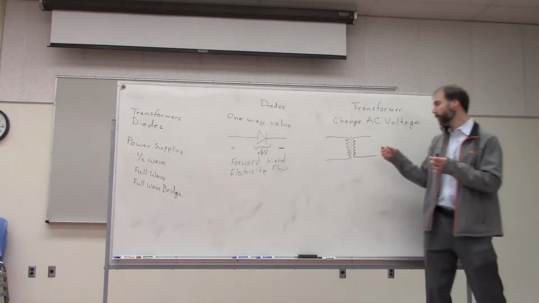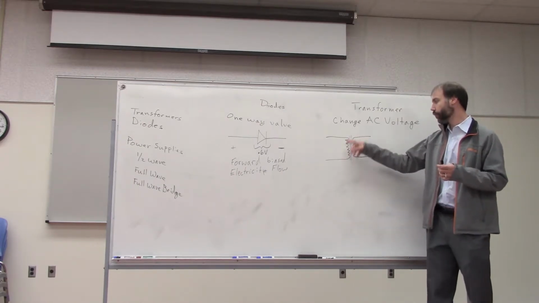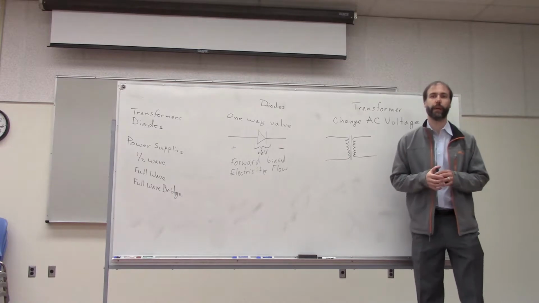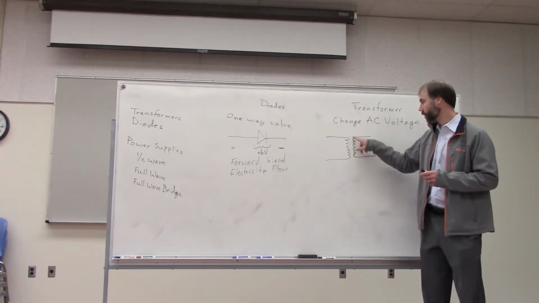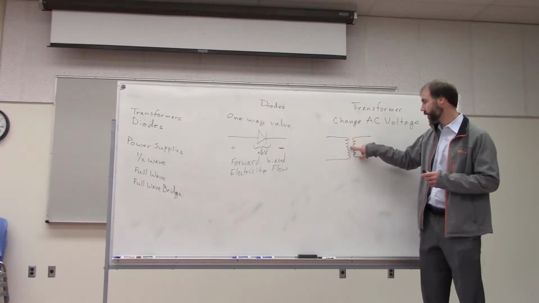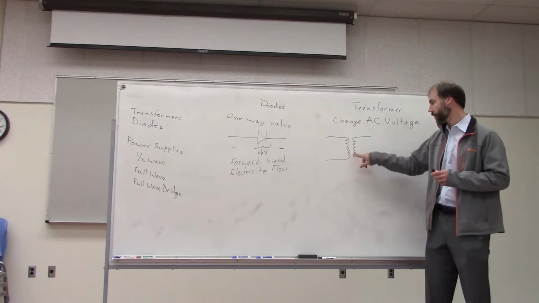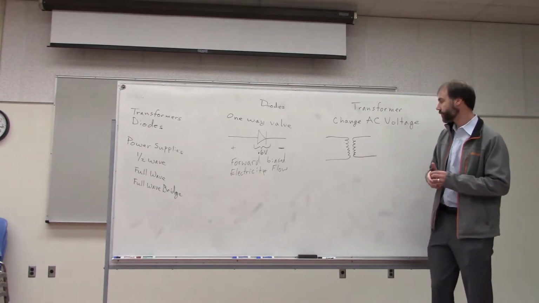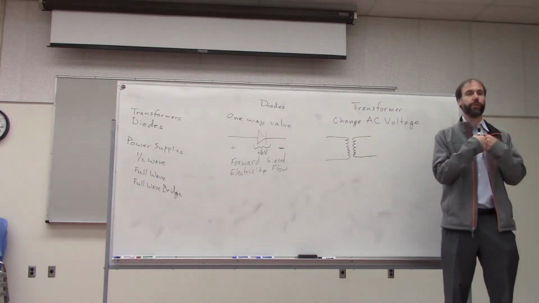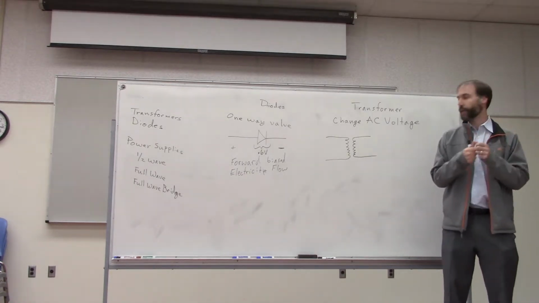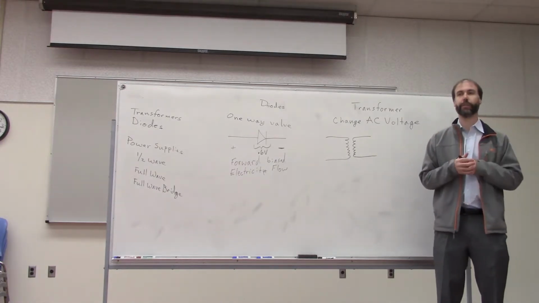And that form channels magnetic fields from one coil into the other. Okay? If there's no lines in the middle, what type of core do we say that is? An air core, exactly. So that means that the coils are just wrapped around nothing. They're close to each other, but they don't have that iron form to help guide the magnetic field. Okay?